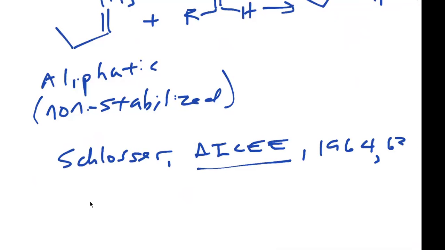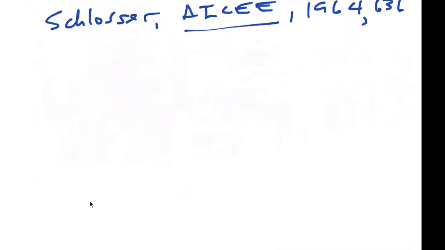What he showed was that you could actually rearrange the ylide in situ, right? And so if you take the same ylide, well, you can rearrange the oxyphosphate, not the ylide, my bad.